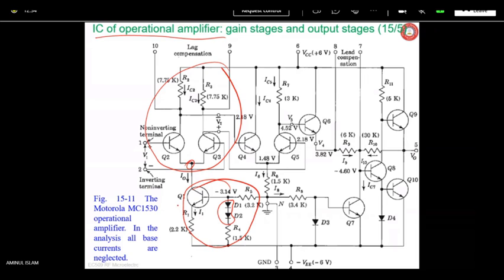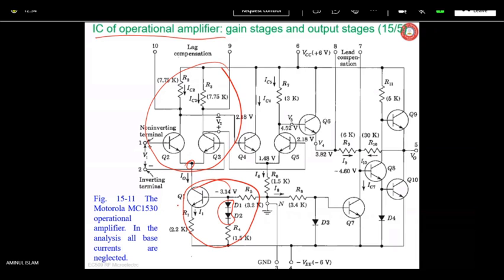That is VBN8, base to neutral point 8, is VBE8. The potential difference between these is 2.7, of course, and D4 another 0.7 here.